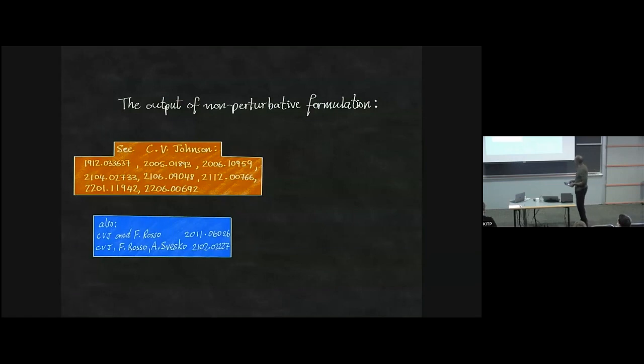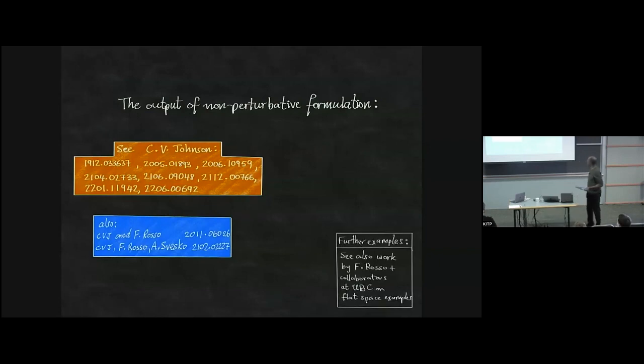And I should also mention, if you want further examples of the kinds of structures that are showing up here, there's also been some really nice recent work by my former student Felipe Rousseau and his collaborators at UBC on applying it to even flat space examples. Those are really worth a look. Very interesting to see a lot of things you can do, very analogous to what Triple S do for JT, but then you can also do the non-perturbative completion using the techniques that I've been developing.